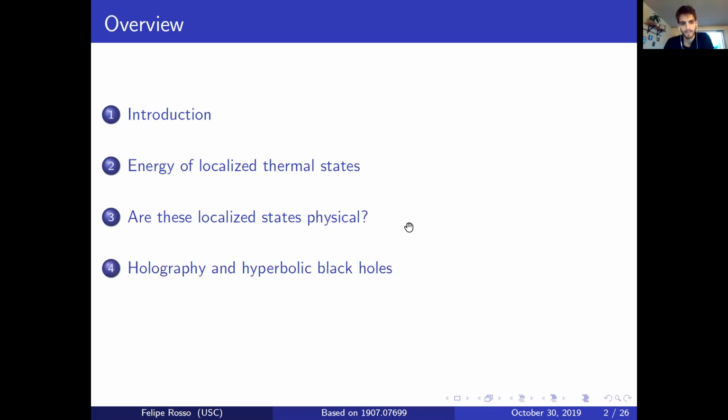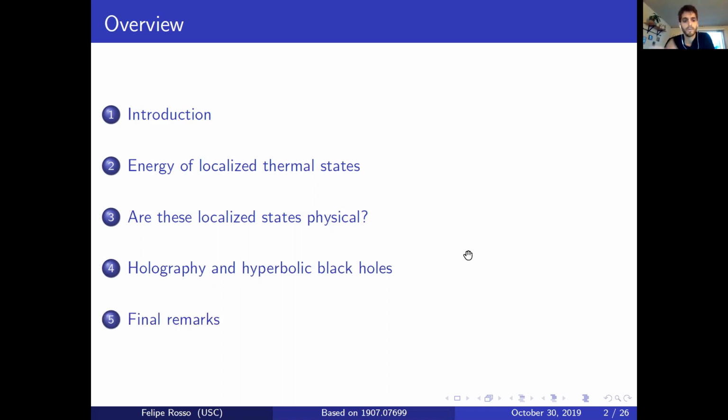And finally, in section 4, I will discuss the holographic description of these localized thermal states. I will try to convince you very briefly that it's actually quite simple, and it's just given by hyperbolic black holes in AdS. This is to say, a black hole in AdS that has a hyperbolic horizon.